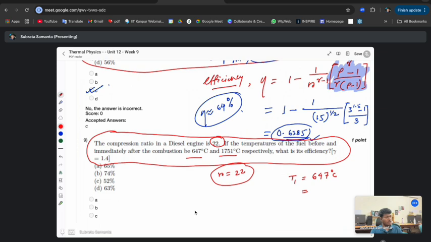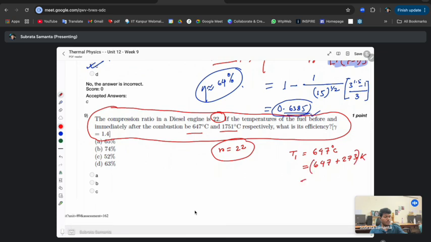Okay, wait a minute. So 647 plus 273 Kelvin, this becomes basically 920.